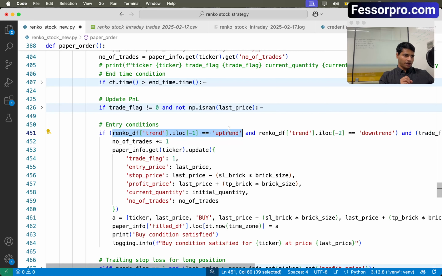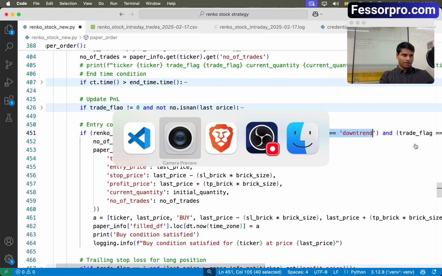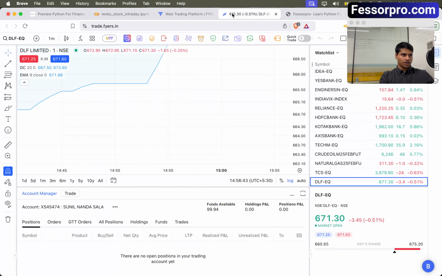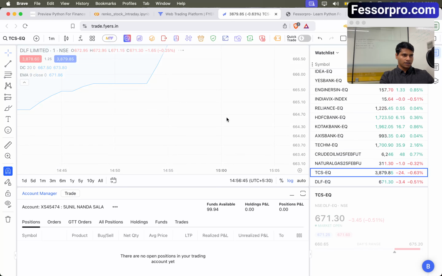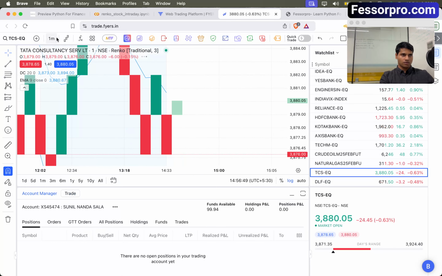So if this is uptrend and my trend is -2 in the previous brick, it's better if I show you on a ticker itself. So let's take TCS. I'll change this to Renko.